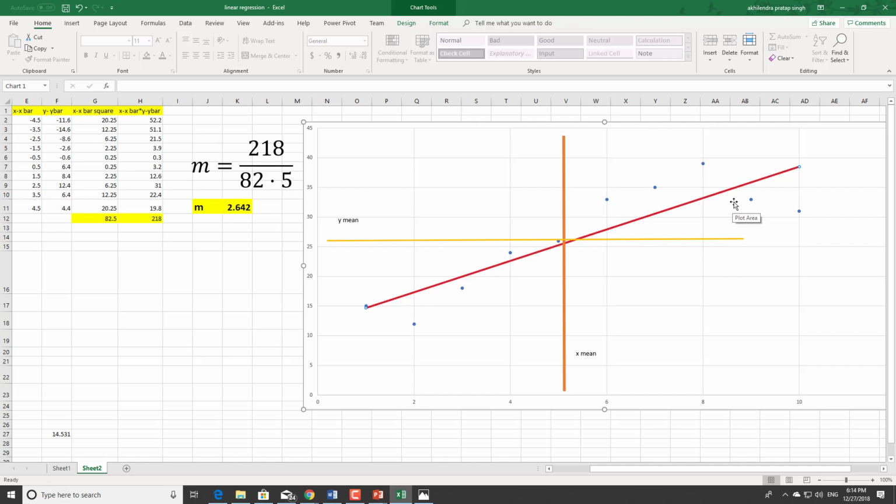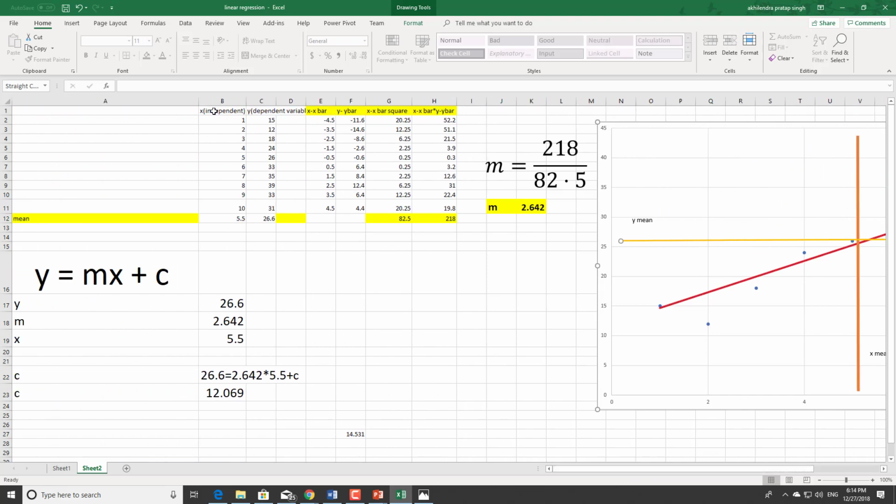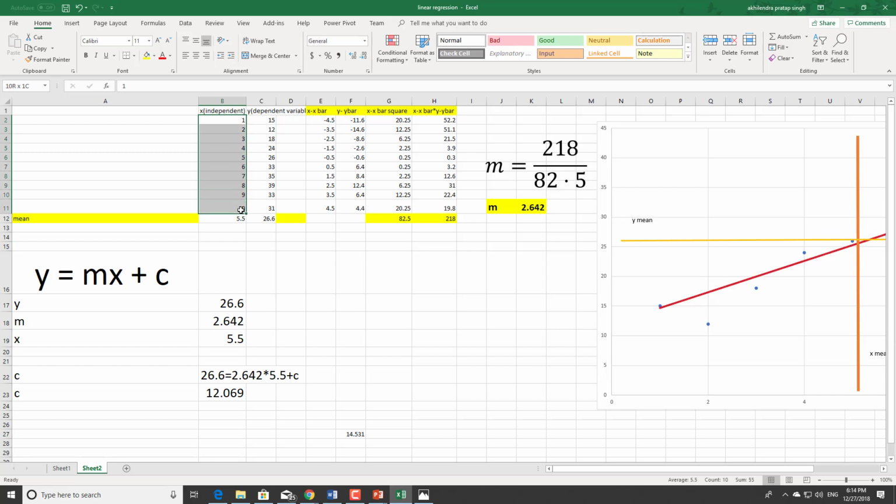We first need to find out the intersection. So for that, this orange line here represents the mean of x. And this yellow line represents the mean of y. And this is our intersection point. Let's go back to our data. So if you see, mean of x is 5.5 and mean of y is 26.6.